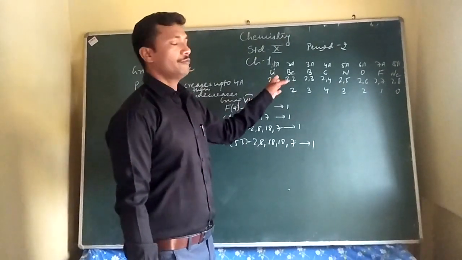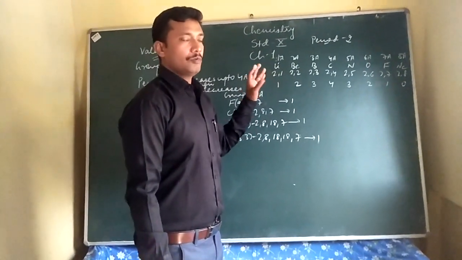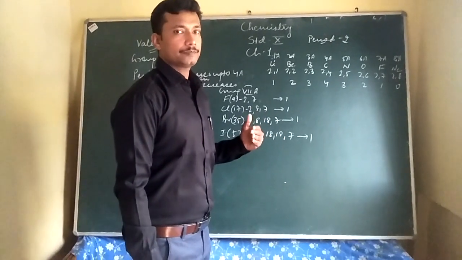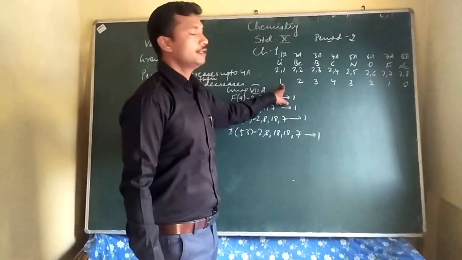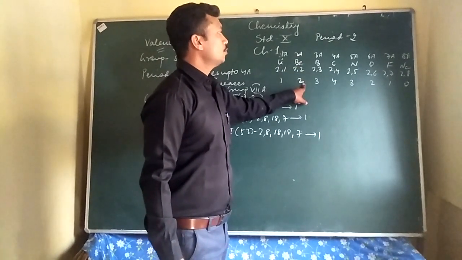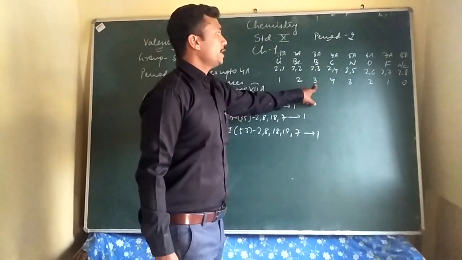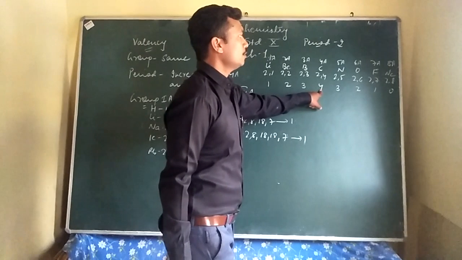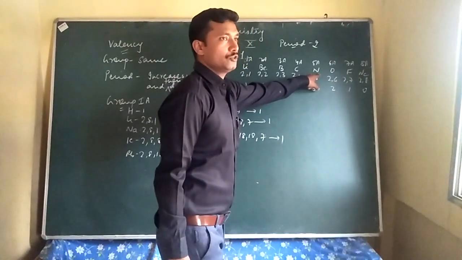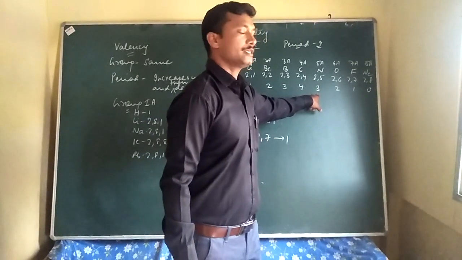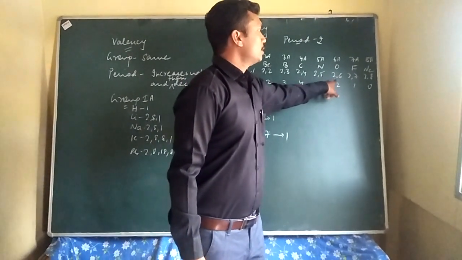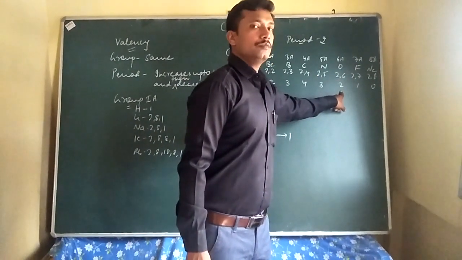Now let us find the valency and check what kind of trend it shows. The valency for lithium is 1, for beryllium 2, boron 3, carbon 4. For nitrogen, because it is a non-metal, we subtract from 8 to get 3 as the valency. Then 8 minus 6 is 2.